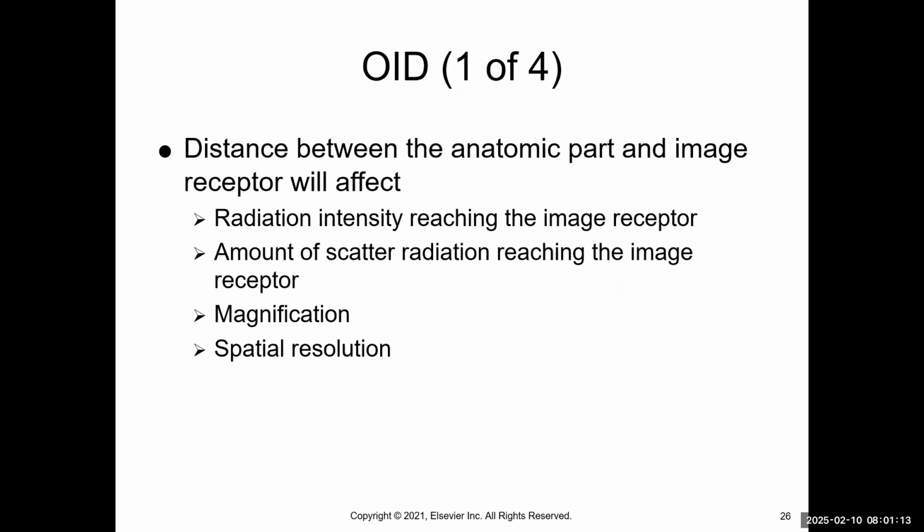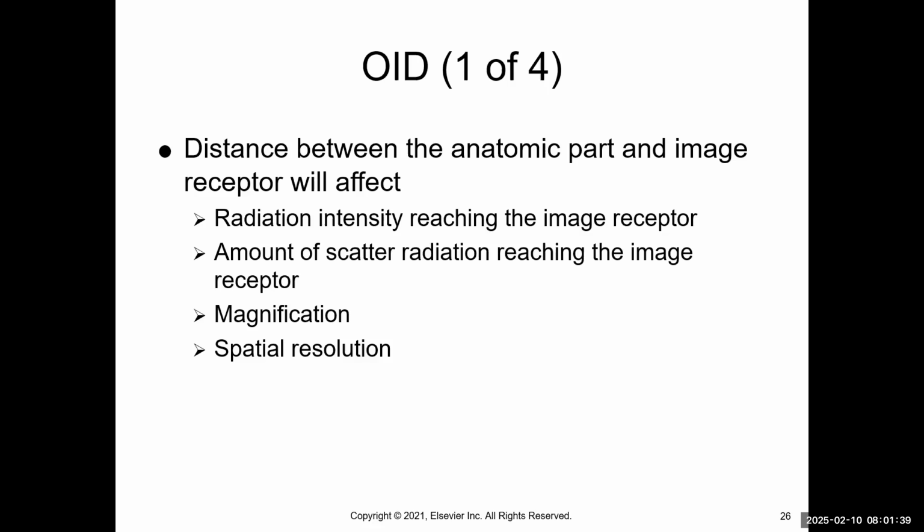OID is the distance between the part and the IR, and that does affect the intensity reaching the IR, but only with what? When we talk about the first two of these, it's really only with what we learned at the end of grids when we did the air gap.